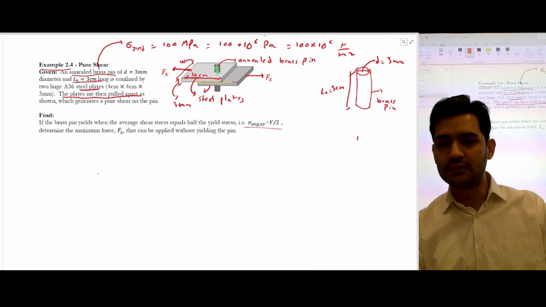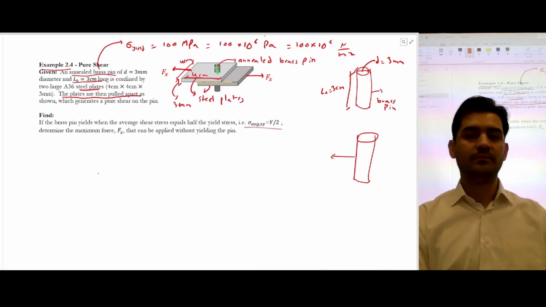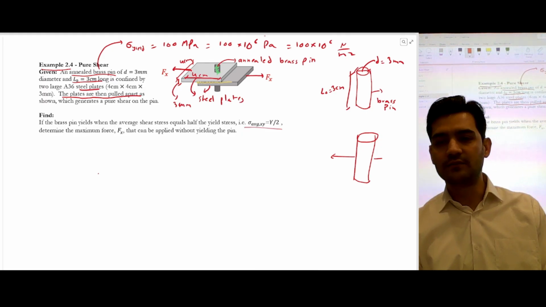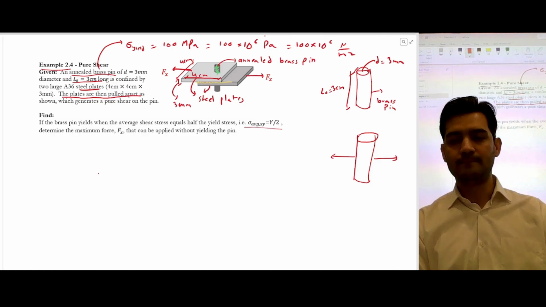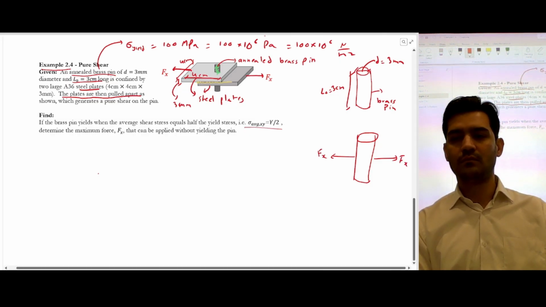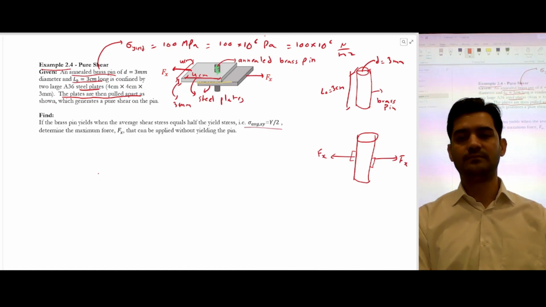If you look into this annealed brass pin, there is one force being applied in this direction, and another force being applied in this direction, by these steel plates.